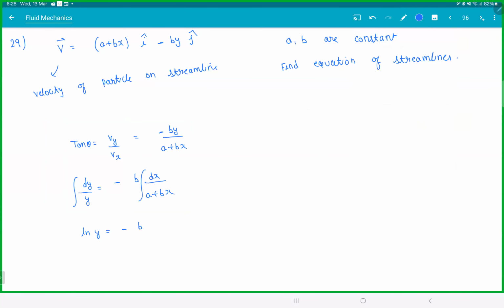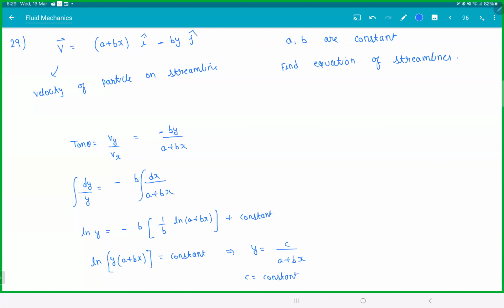This is minus B times 1 by B ln A plus Bx, plus some constant. So ln y plus ln of A plus Bx is constant. So this turns out to be y is equal to C by A plus Bx. C is some constant.